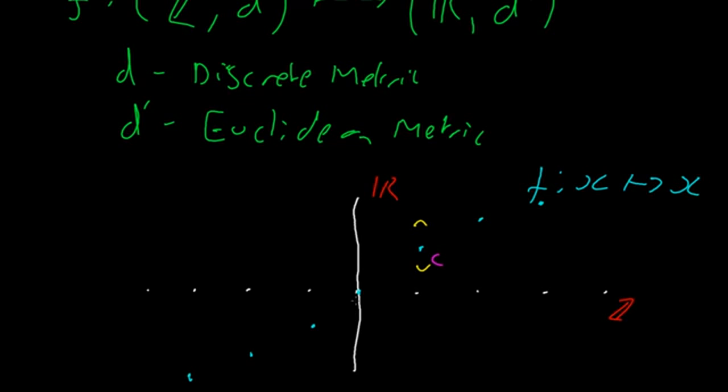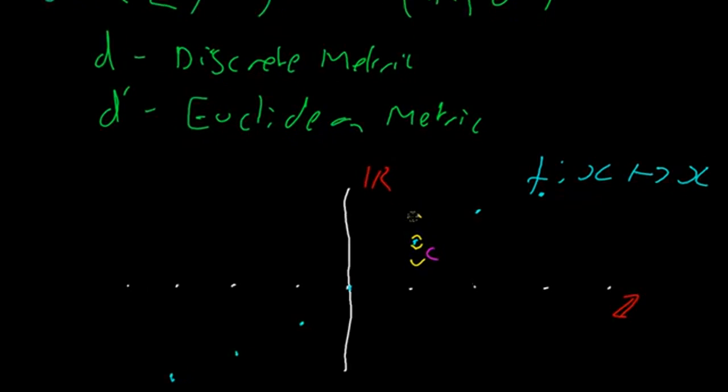Now, in order for this to be continuous, we need to be able to find a ball of radius anything around c in the domain, such that when we pass it through the function, it will lie exactly within this yellow ball of any size. So let's just make this yellow ball actually a lot smaller, like that. So this is our new yellow ball.